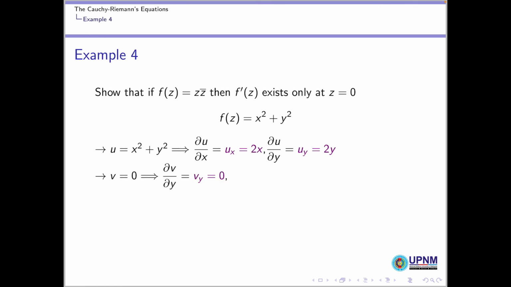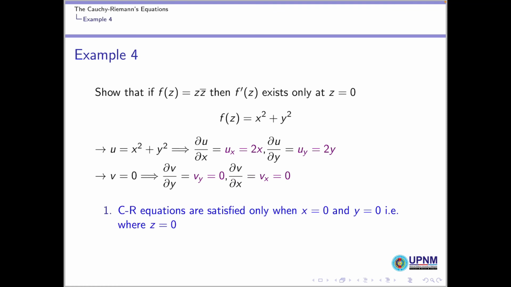So here the v component equals 0, therefore v_y and v_x equal 0. In this case, we can say that the CR equations are satisfied only when x equals 0 and y equals 0. Here, in this case, we have z equals 0. We can conclude that f(z) is not analytic everywhere.